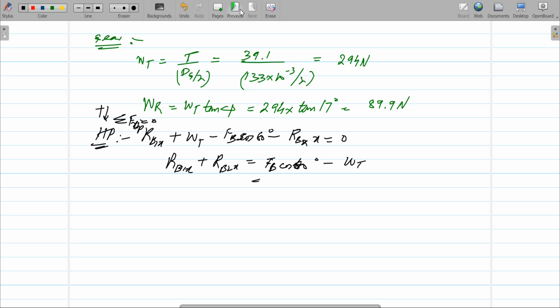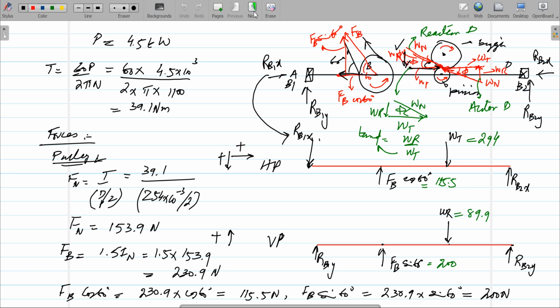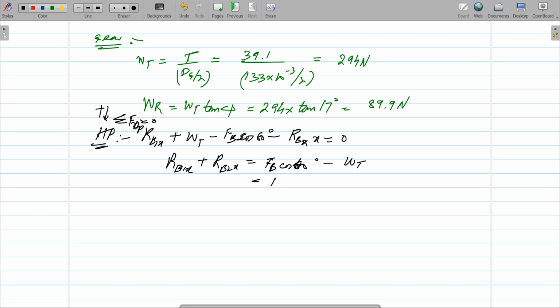FB cos 60, as we know from previous calculation, is 115.5 and WT is 294. So the answer is minus 178.5 Newton.